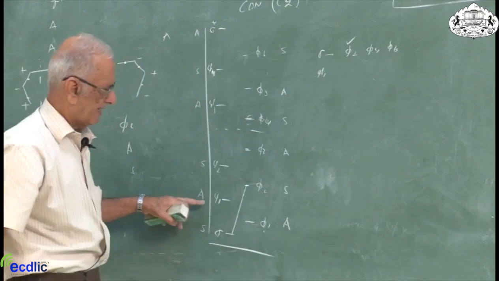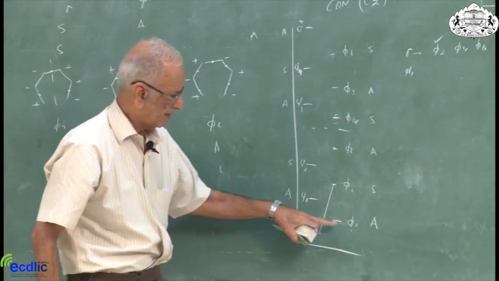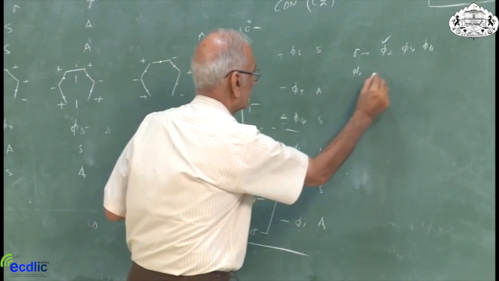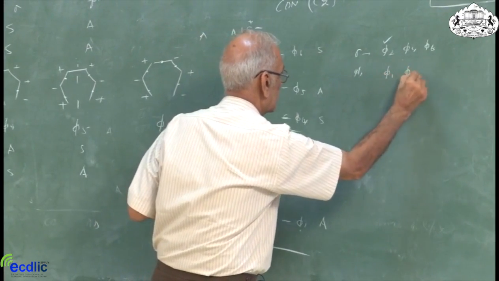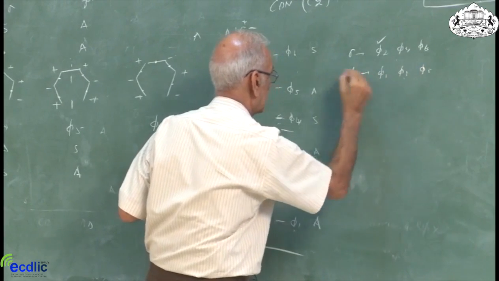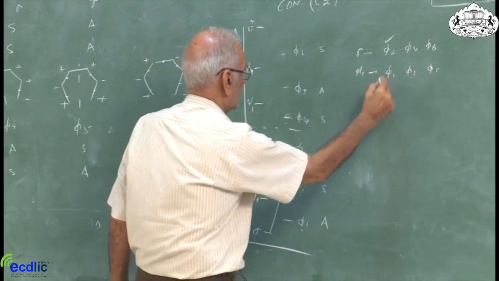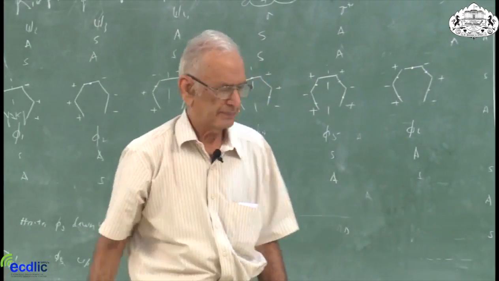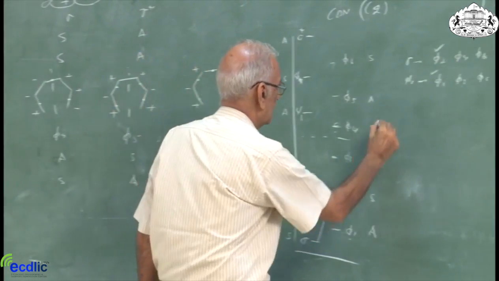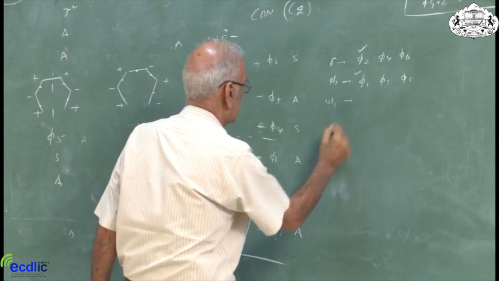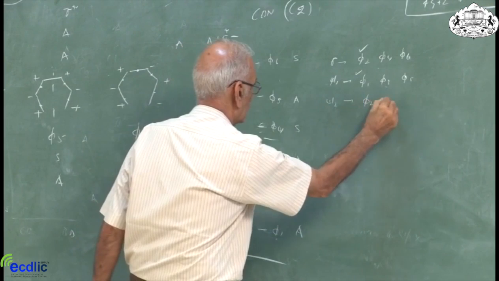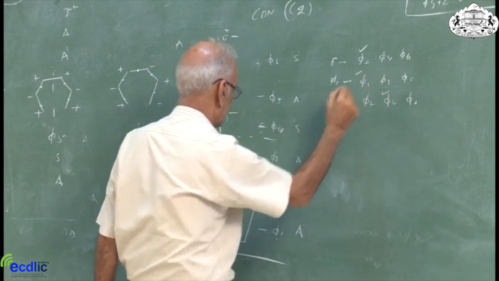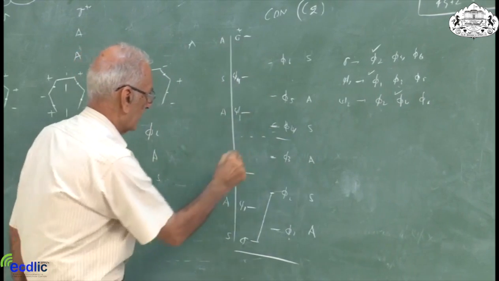Psi 1 is anti-symmetric. Therefore, it will go to phi 1, phi 3, phi 5. Phi 1 is lowest in energy, therefore, I go to this. Psi 2 is symmetric, therefore, it can go to 2, 4 or 6. 2 is occupied, so I join it to 4.